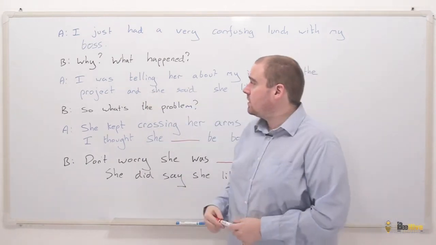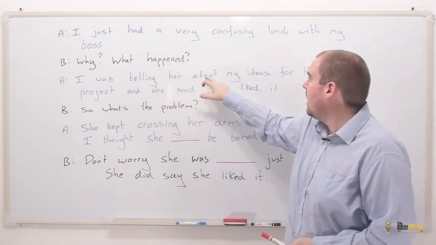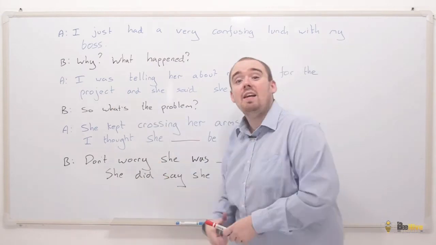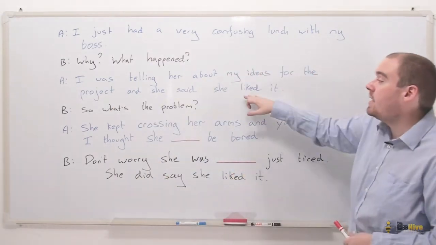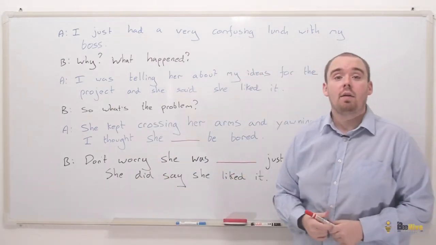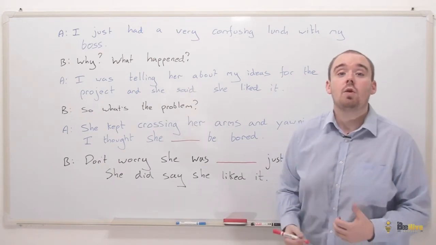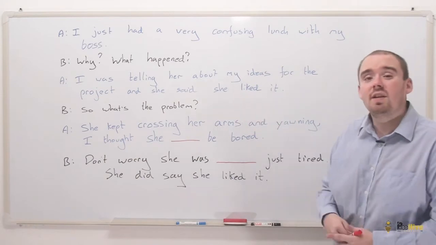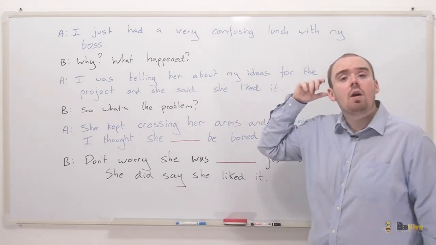The first person then said, well, I was telling her about my ideas for the project, okay? Now, the project is what they're working on in work, okay? So their team has something to do, and this person has some ideas.